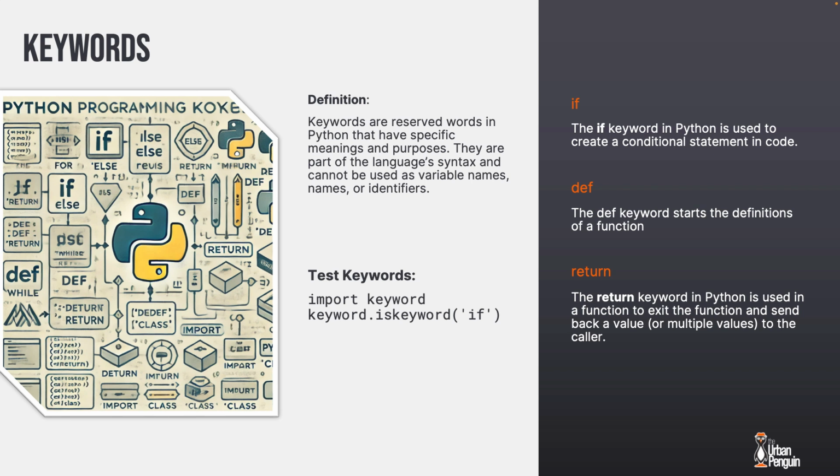The return keyword, which is essentially part of a function and defines what the function should return to the calling program. And a while loop. We have different types of looping structures, but within a while loop, it will continue to loop whilst a condition evaluates to true.